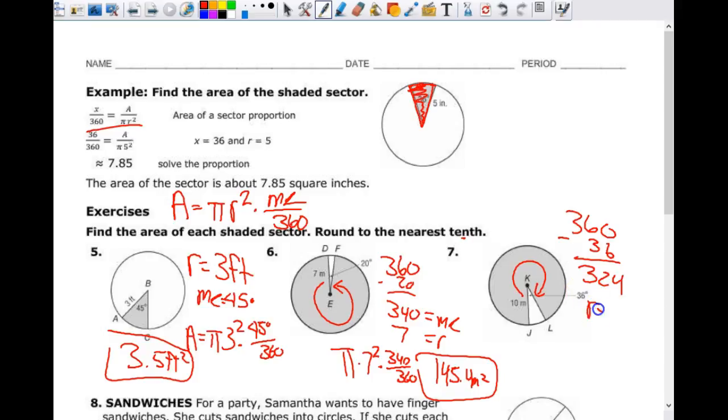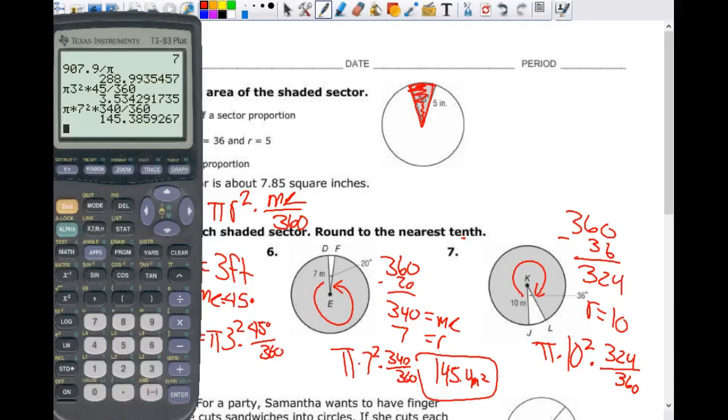The radius is 10. Pi times 10 squared times 324 divided by 360.